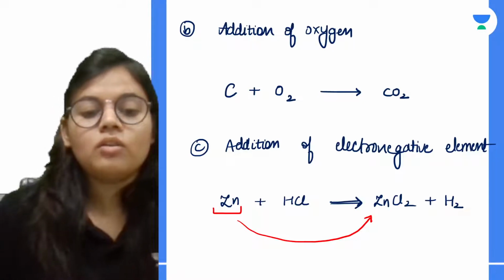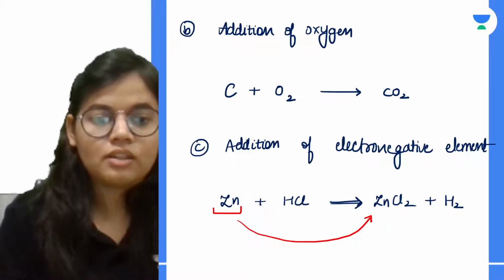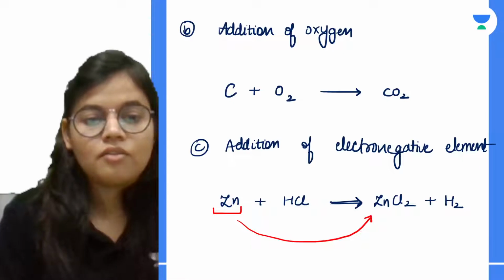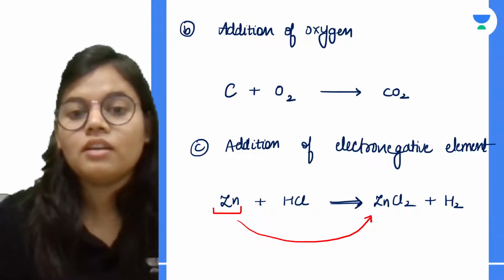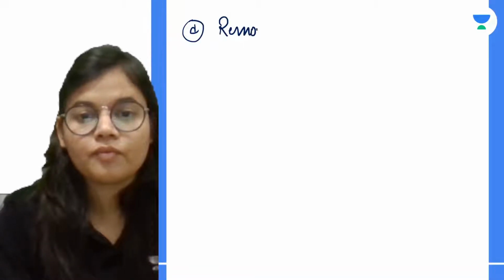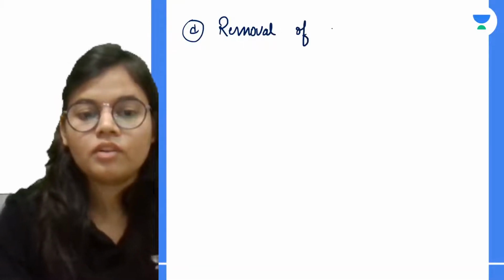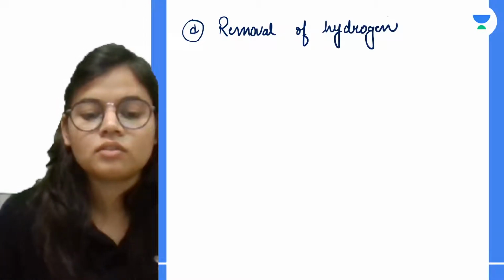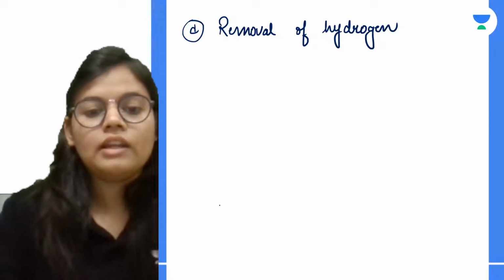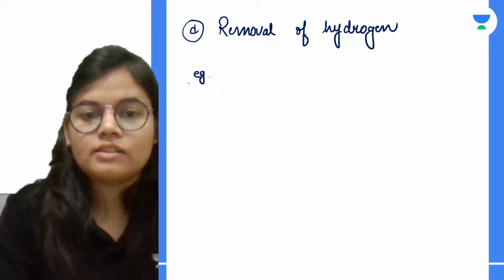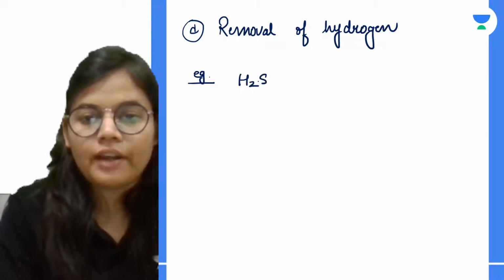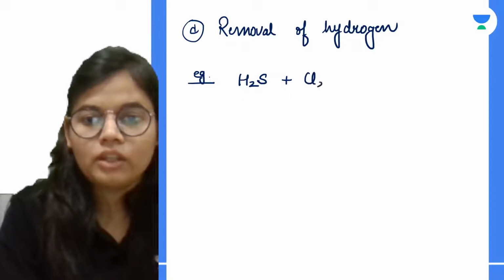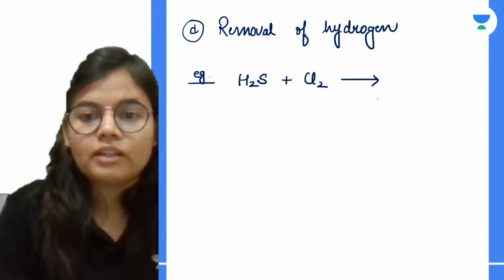These are the three definitions. Another definition is removal of hydrogen. Let us suppose I have an example, hydrogen sulfide. When it reacts with chlorine, what is the product that we get?